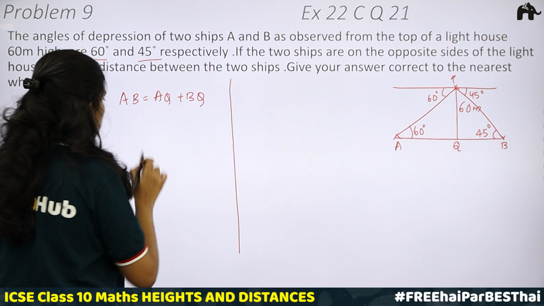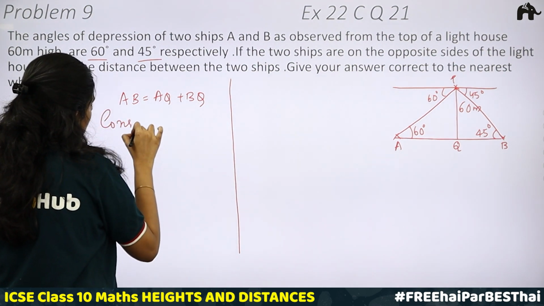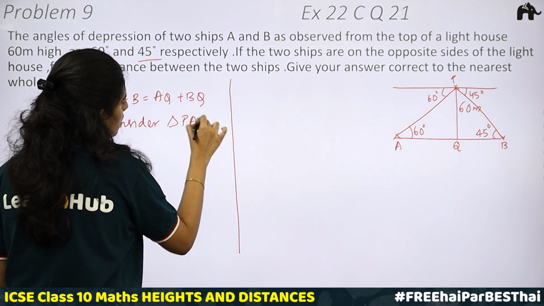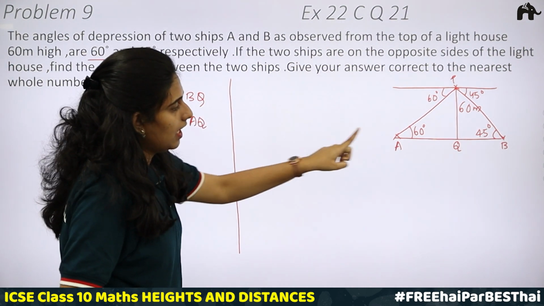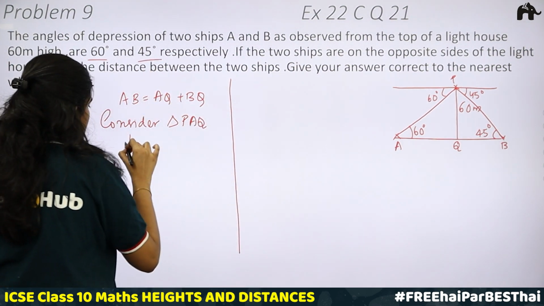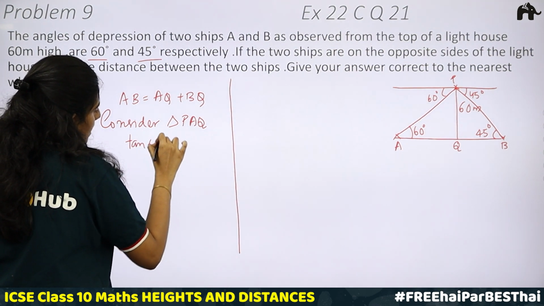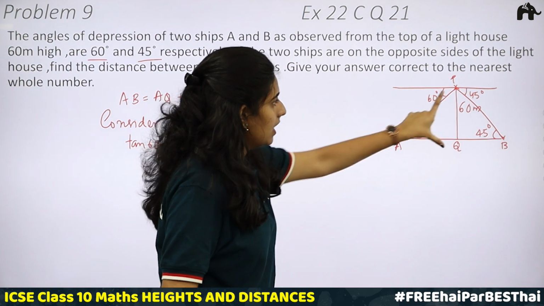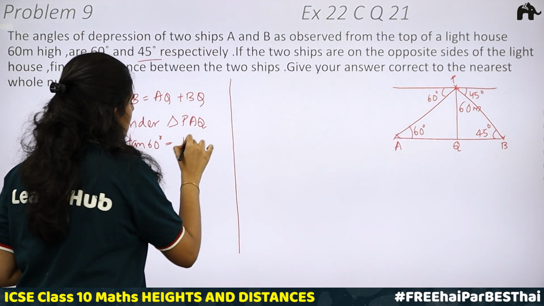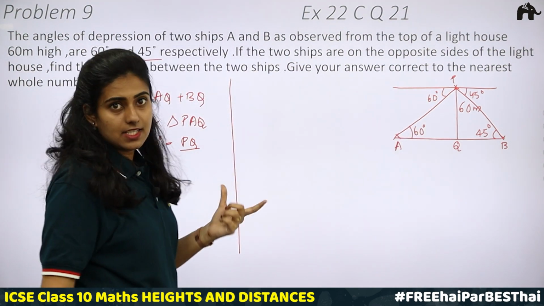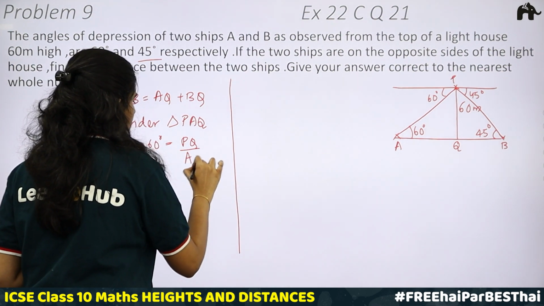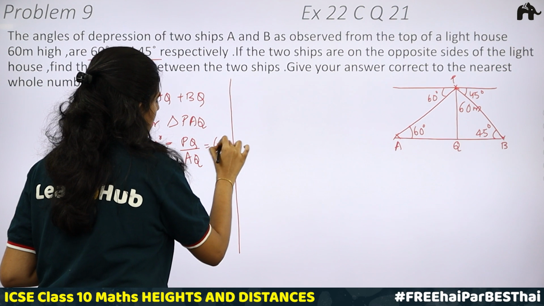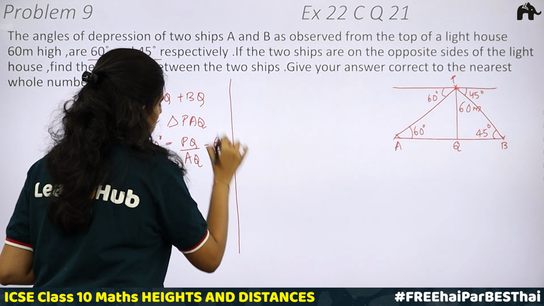To find AQ, consider triangle PAQ. Tan 60 degrees will be equal to opposite side divided by adjacent side. Here opposite is PQ divided by adjacent AQ. PQ is 60 divided by AQ.